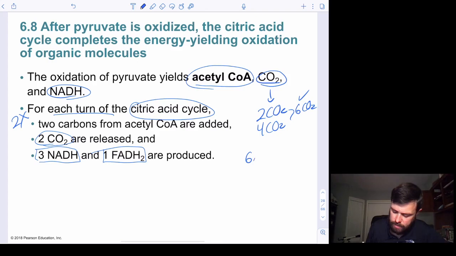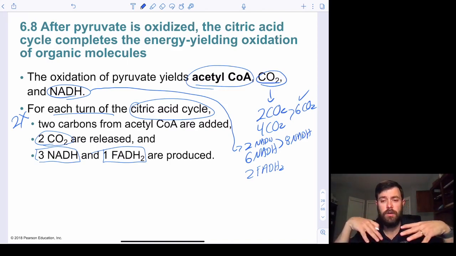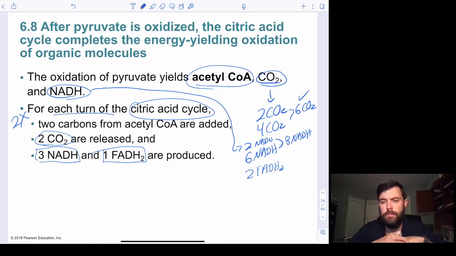I'll get 6 NADH there and 2 FADH2 there. But I've also got, because you're like, oh, that's not what the Poggle said, huh? Okay, there's 2 NADH there. So 6, 7, 8 NADH there. Okay. So that takes care of all our numbers from the Poggle. If you go back and look at your Poggle sheet and look at our sum of all our ATPs and NADHs and FADH2, all that should make sense at that point.